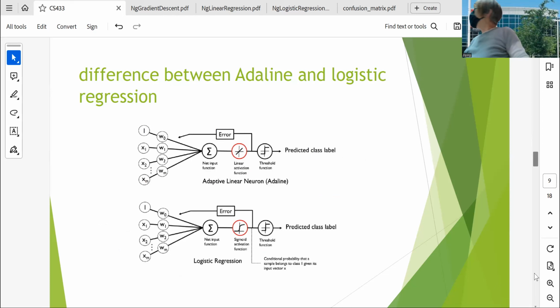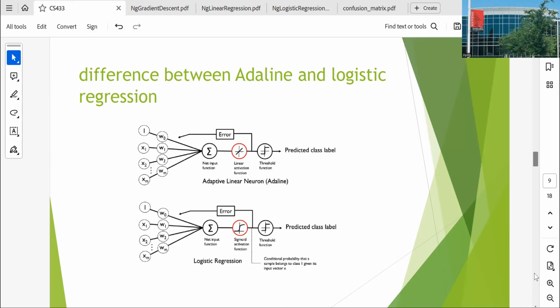So here, this diagram shows us the difference between the two classifiers, both for classification. The activation function: the linear function is the same.